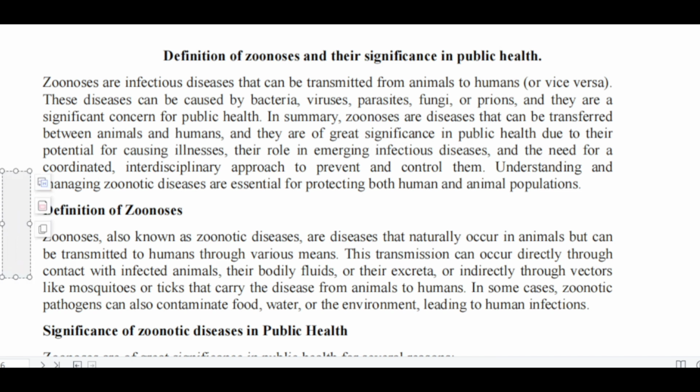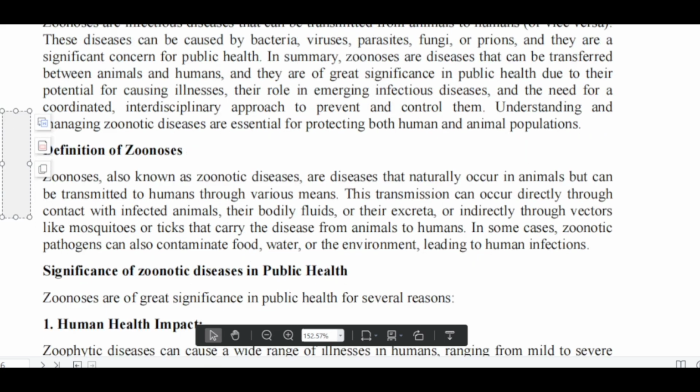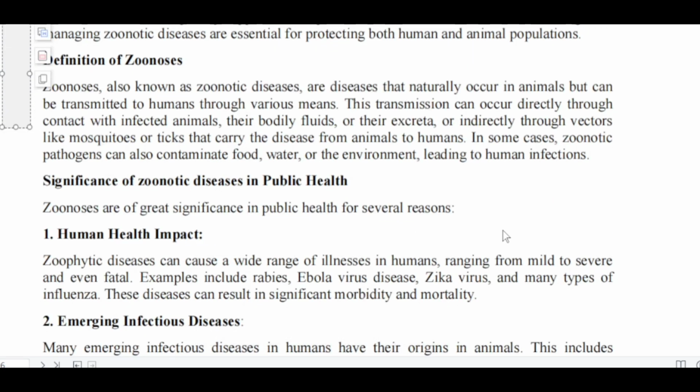Now, you already know what zoonoses are, so let's go to the significance. Even so, if it is the transmission, how is it transmitted? It can be through direct contact with the infected animal or human, or through exchange of body fluids.